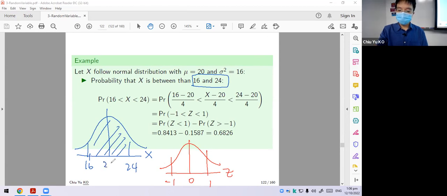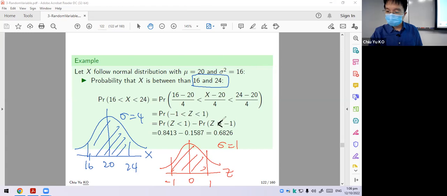Sigma is equal to 4 here, and we now have sigma equal to 1 because it's standard normal. We want this area, they're the same thing. What we are going to do is look at the area less than 1, which we have found already, 0.8413.